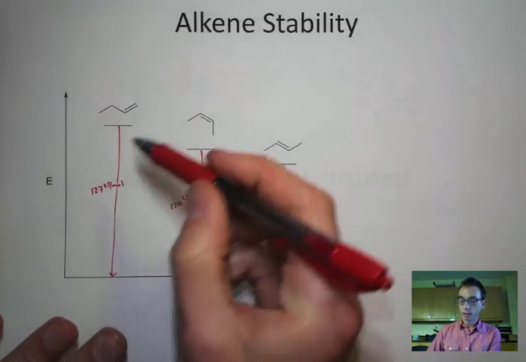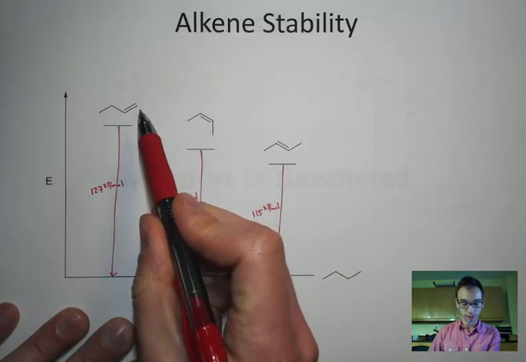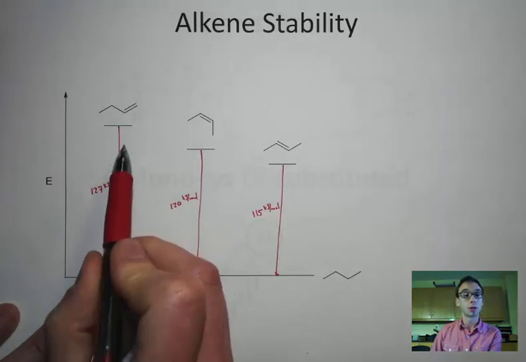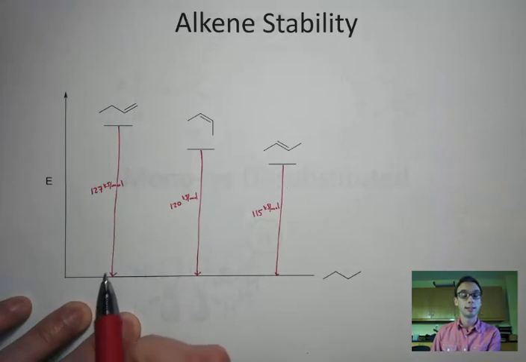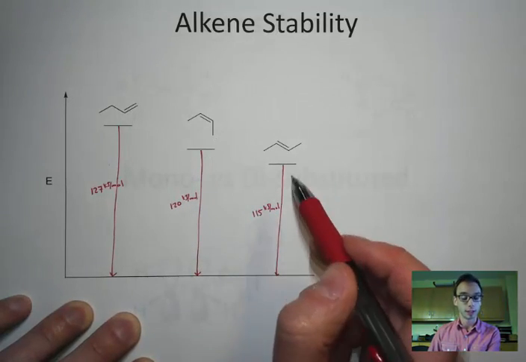Okay, so in the end, what this means is because we're giving off more energy for the monosubstituted alkene, the monosubstituted alkene is going to be less stable or higher in energy than the cis alkene, which is higher in energy or less stable than the trans alkene.